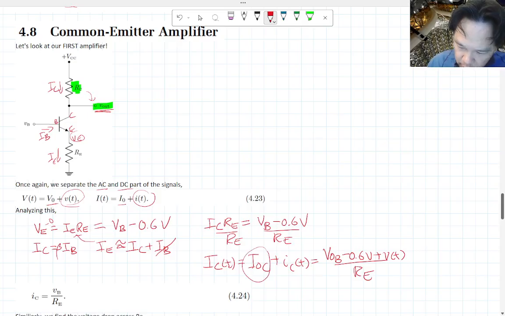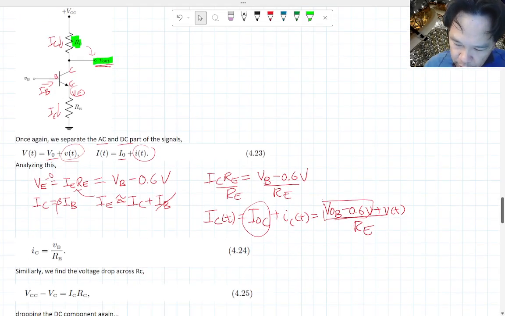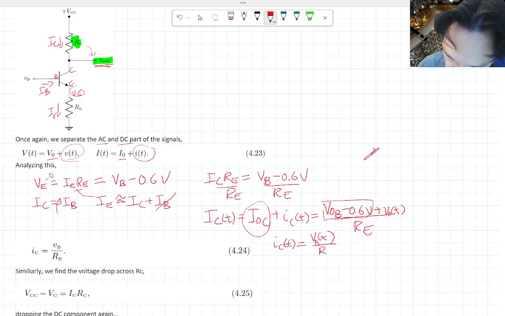So this constant current corresponds to this constant voltage. If we only care about the time varying part, we find that the time varying part is going to be equal to the voltage across the base divided by RE.